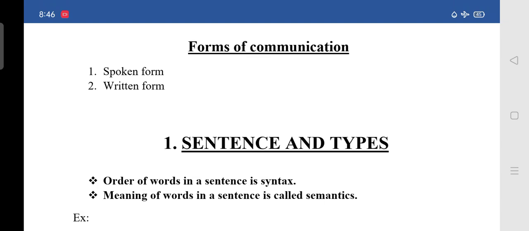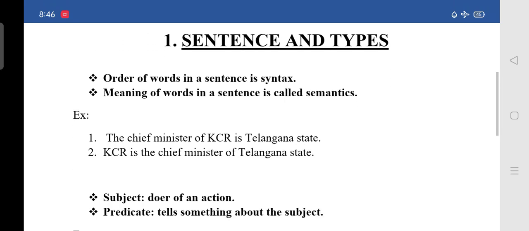So now we are moving to the first part, that is sentence and types. If you see, the order of words in a sentence is syntax. Whatever I'm talking, do you feel it is in an order, isn't it?